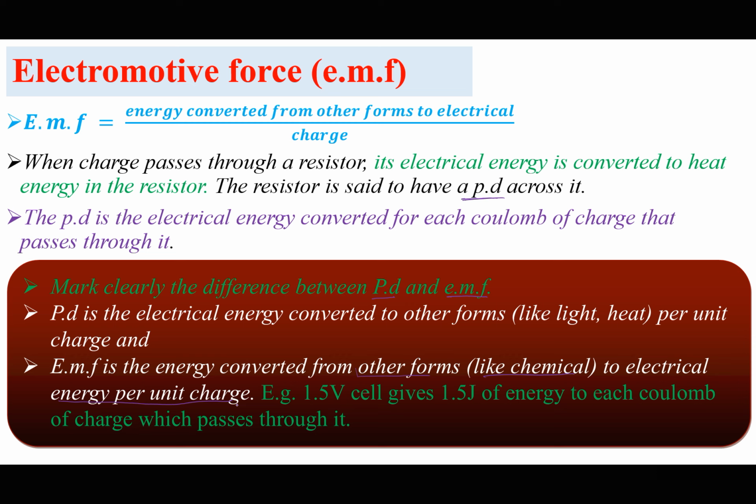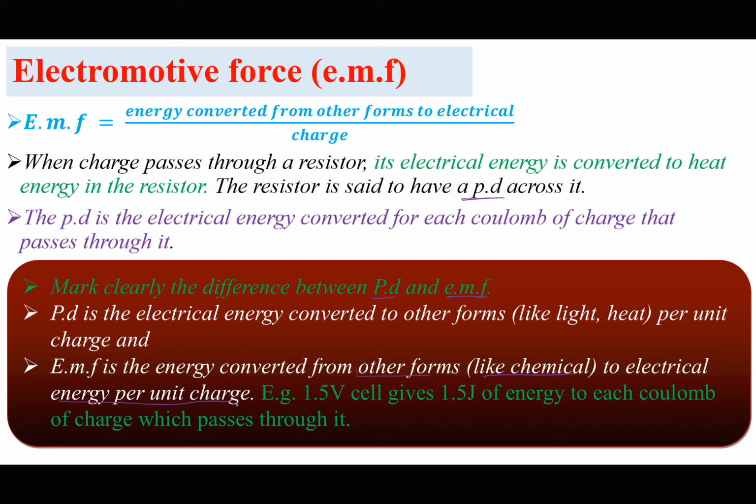Energy transferred by the power supply to the circuit, or energy transferred to a unit charge by the power supply, that is the EMF. Yet PD is the energy transferred by the charge to the circuit as it moves around the circuit. So energy converted from electrical to thermal per unit charge, that is PD, and energy converted from chemical to electrical per unit charge, that is the EMF.